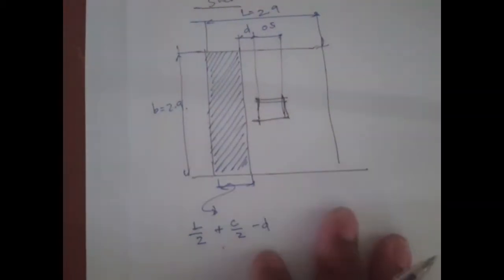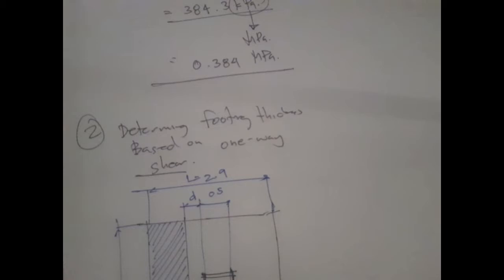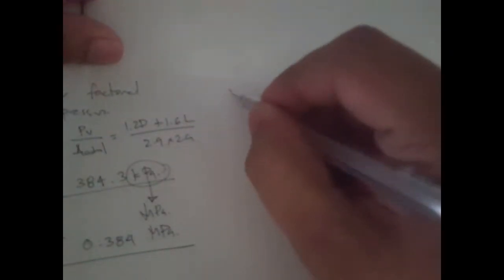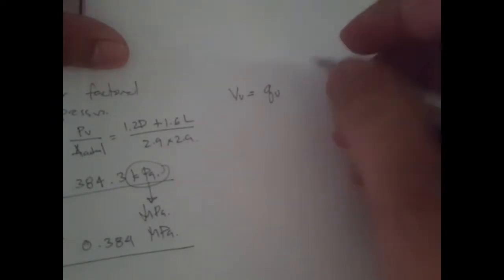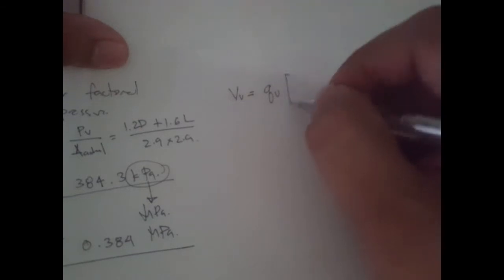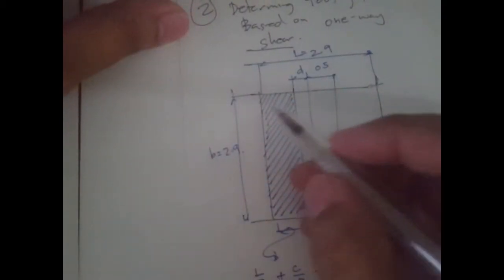But we can now write our equation for the capacity, I mean the factored loads for one-way shear. Now we have Vu is equal to the factored soil pressure times the area. So what is this area?